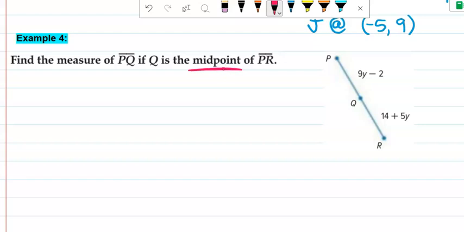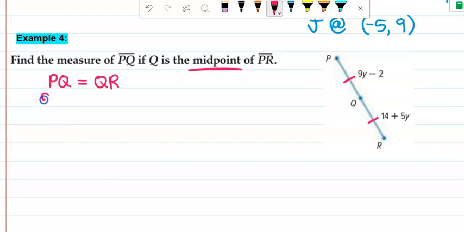So remember, when it's the midpoint, it's in the exact middle of the segment, which makes these two pieces it has created equivalent, or congruent. Because they are congruent, we know that PQ is going to be equal to QR. They're the exact same.